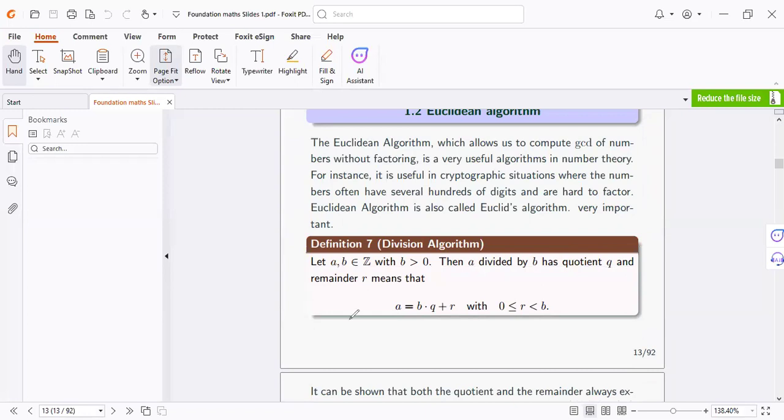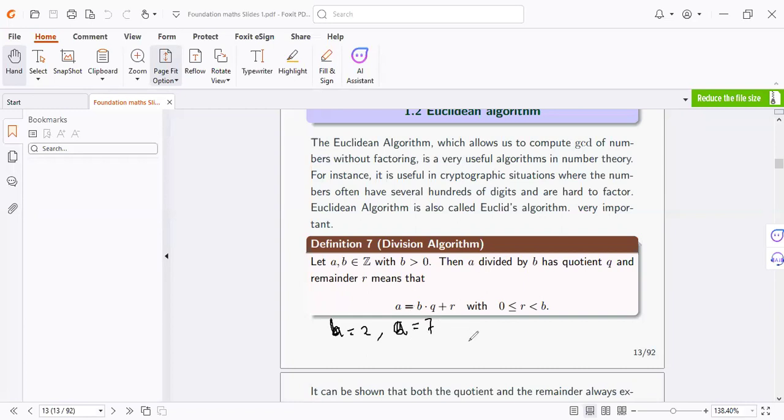Let me just give an example of what I mean by this definition. Supposing my B is 2 and my A is 7.